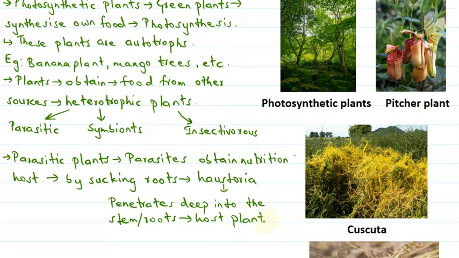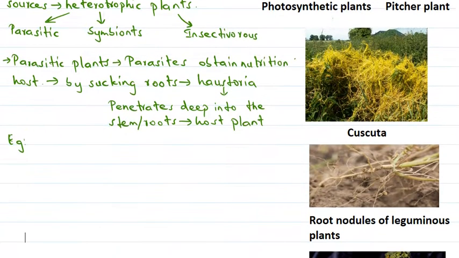For example, we'll take a parasitic plant, Cuscuta. Cuscuta is the scientific name of the dodder plant, so it is commonly called dodder.